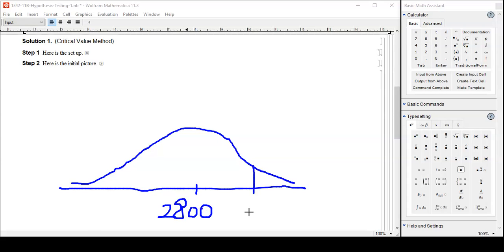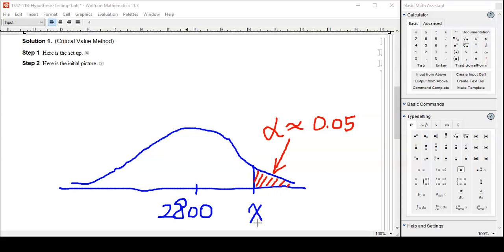So you want this critical value. And the probability exceeding this is alpha, and that's 0.05 or 5%.